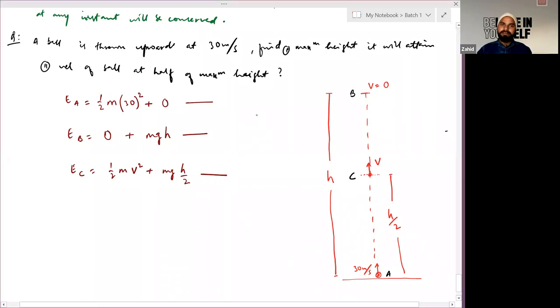Take gravity as 10. Equate first and second; from this you will get h.